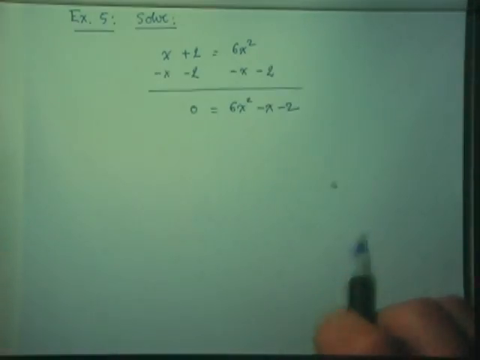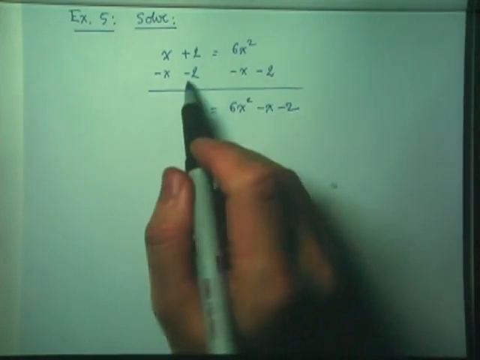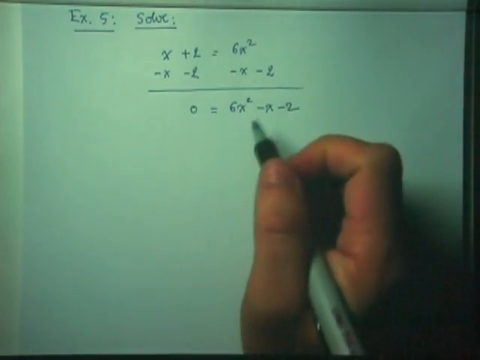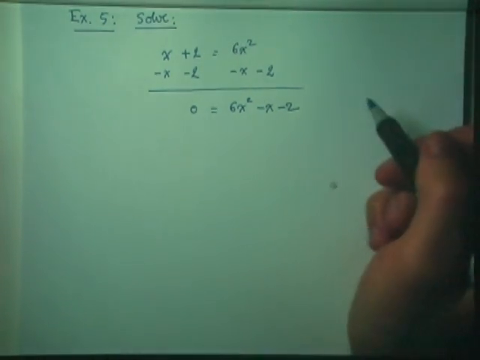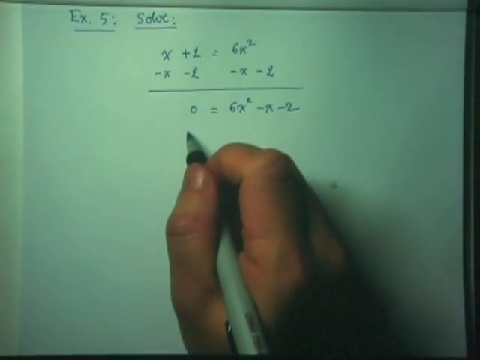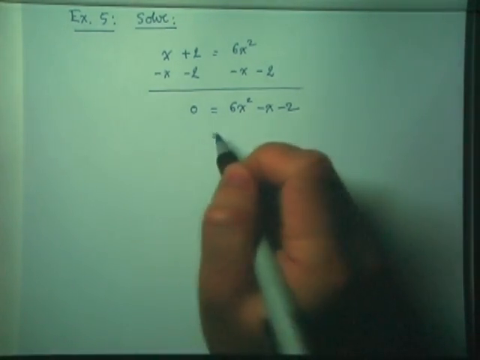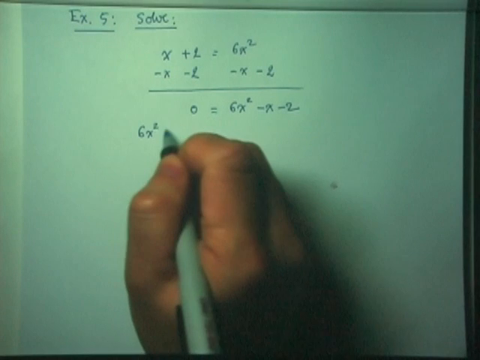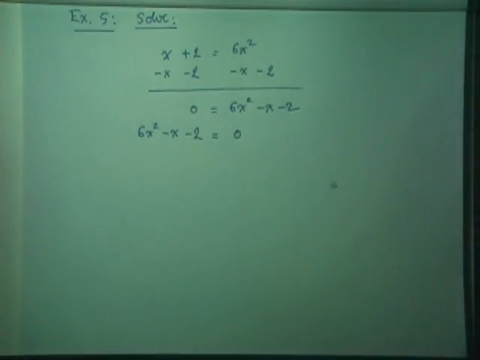So that's why I subtract x from both sides and I subtract 2 from both sides. And what I can see here is that I have 0 equals 6x squared minus x minus 2. Now, if you're not comfortable seeing the 0 on the left-hand side and other terms on the right-hand side, this equation is the same as 6x squared minus x minus 2 equals 0.